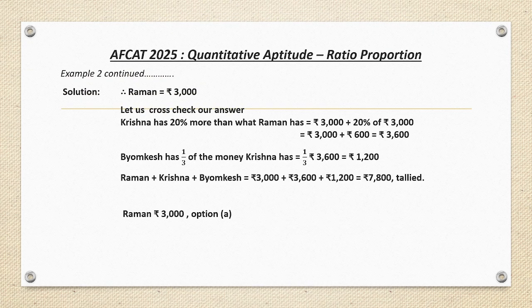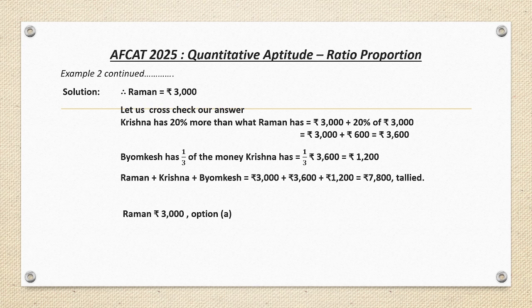Now sometimes we might get a doubt whether our answer is correct or not. So let us put these amounts in the given question and cross check. Krishna has 20% more than Raman. Already we got Raman as 3,000 rupees.